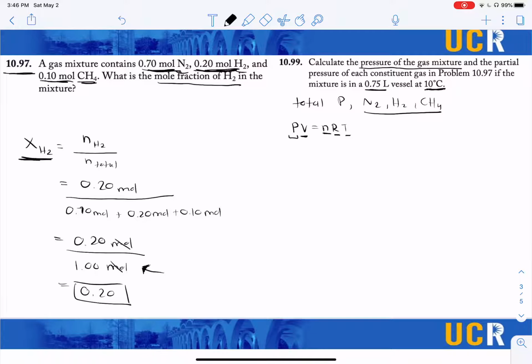So let's rearrange this equation. We get P is equal to nRT over volume. Again, the moles we're going to use are the moles of the whole mixture because we're looking at the total pressure, so we use the total moles, 1 from the other problem.